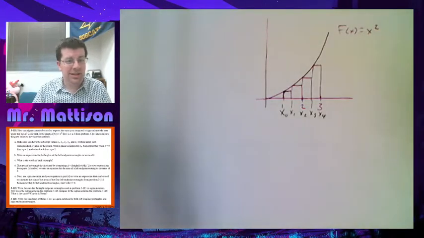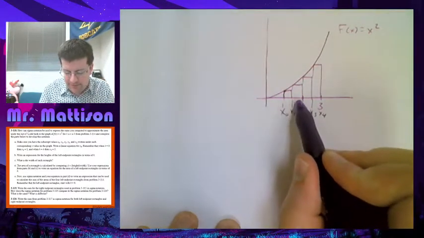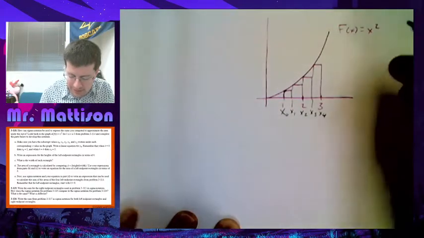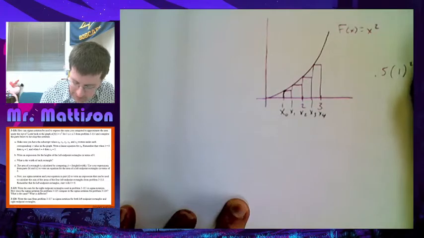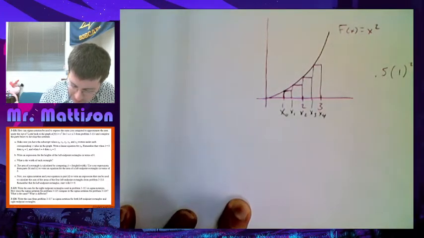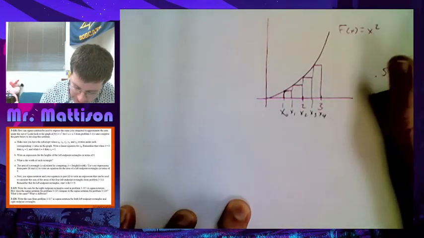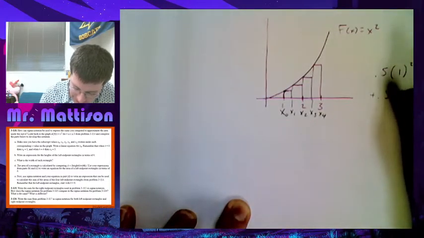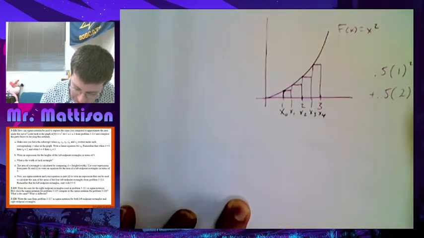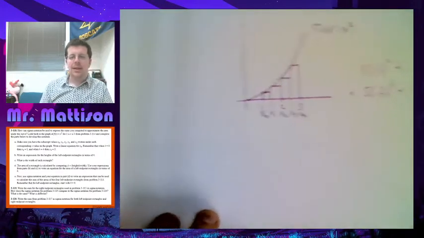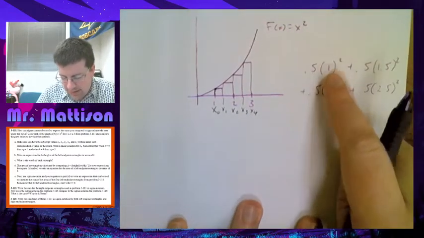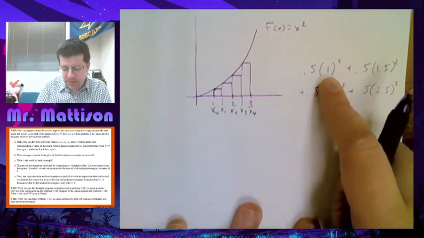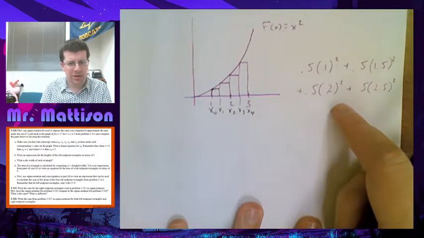My width was consistent, always 0.5. So I had 0.5 times 1 squared plus 0.5 times 1.5 squared plus 0.5 times 2 squared plus 0.5 times 2.5 squared. That's my width times my height, and the height was the only thing that really changed.